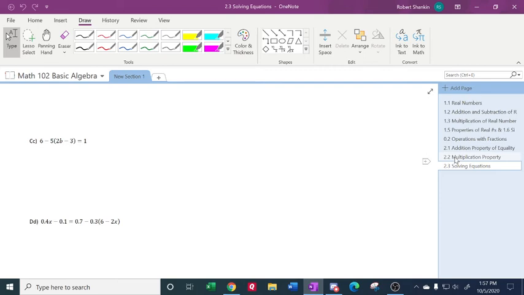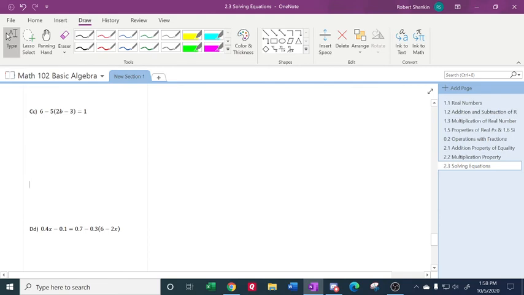I want to do C and show you the process here, and D, and let's get to these more complex ones. All right, so this one.